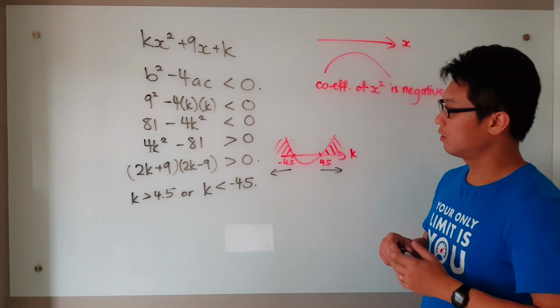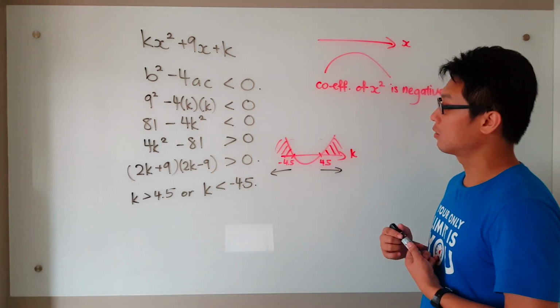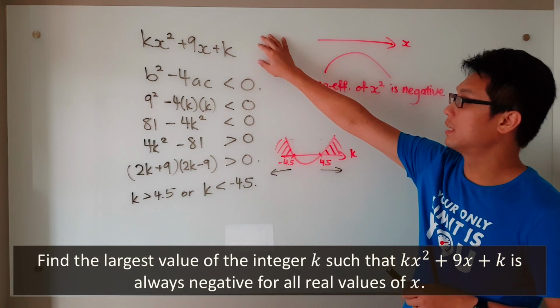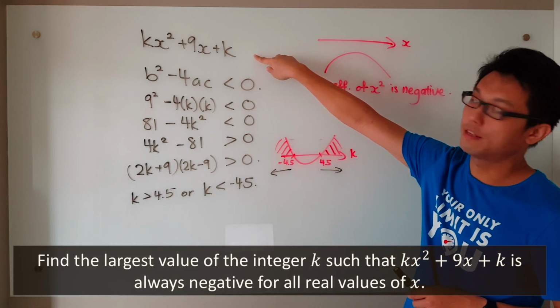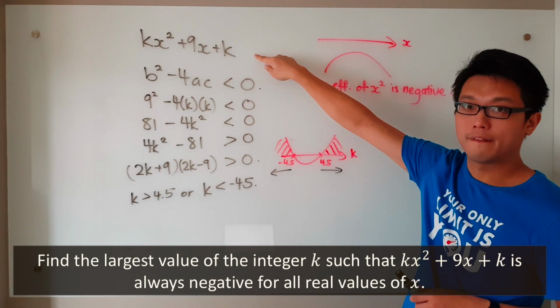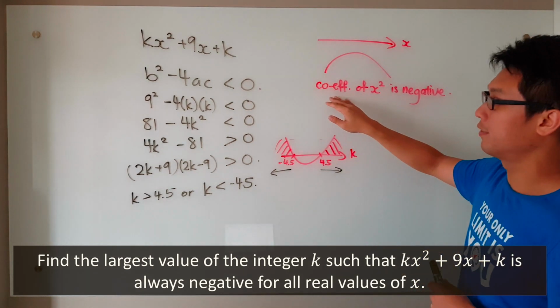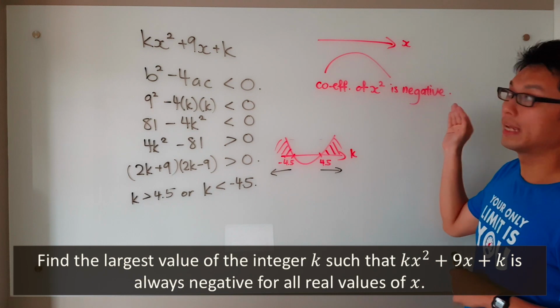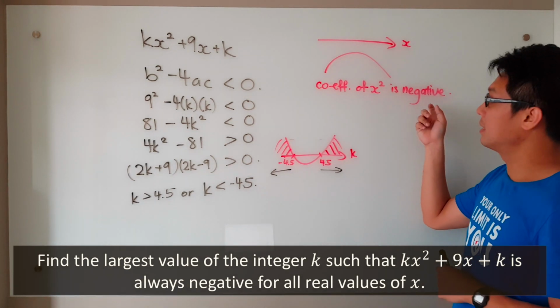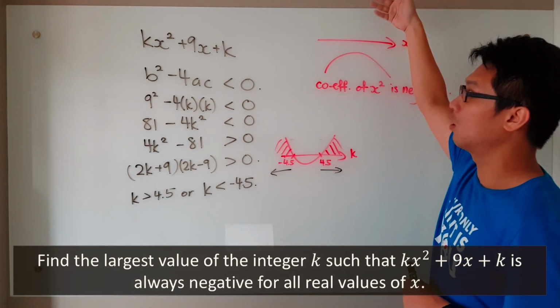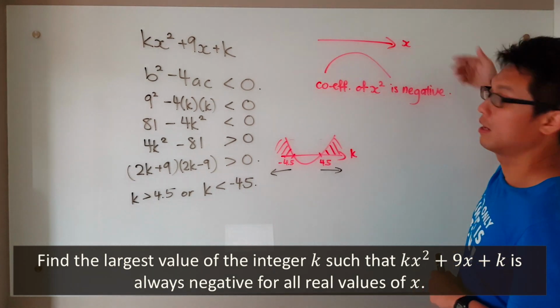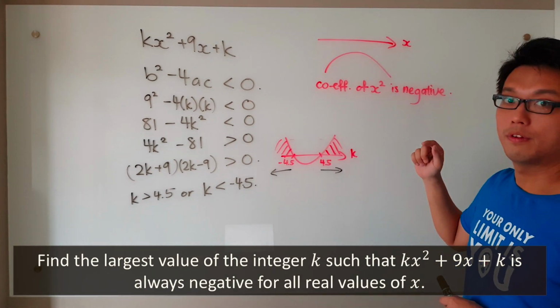So let's take a look at whether we have answered the question here. Now we want this to be negative for all values of x. You will notice that here I've written the coefficient of x squared is negative. What happens if it is positive is we end up having a smiling face graph, not a sad face graph.